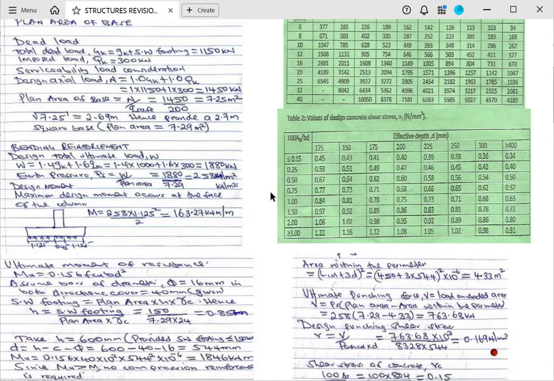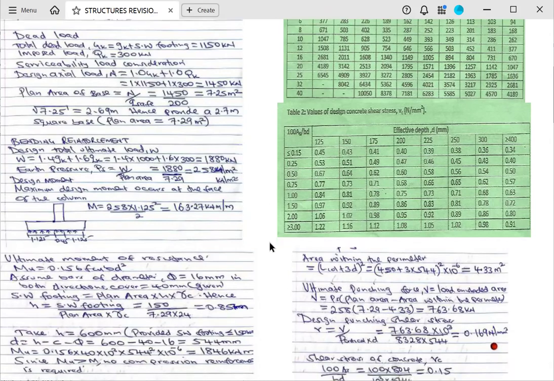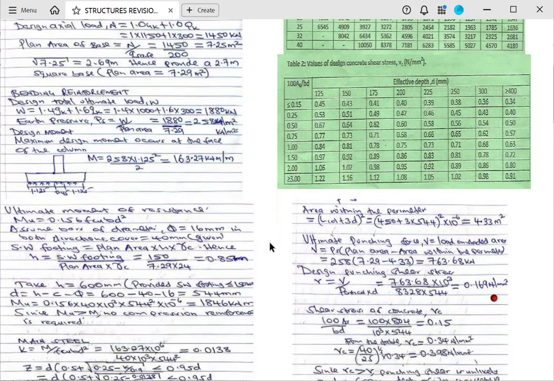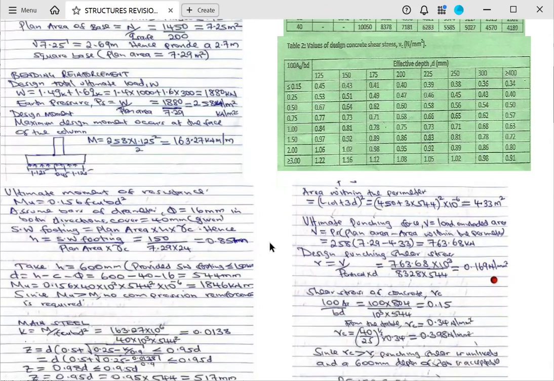But now remember, I cannot take 0.85 meter as my overall depth of footing. Why? Because remember the 150 kilonewton also includes the self-weight of the column. To be on the safe side and also for practicality, you cannot provide a near 1 meter depth of footing. It will not make sense from an economic perspective. Now we shall adopt a value of overall depth of the pad footing as 600 millimeter.